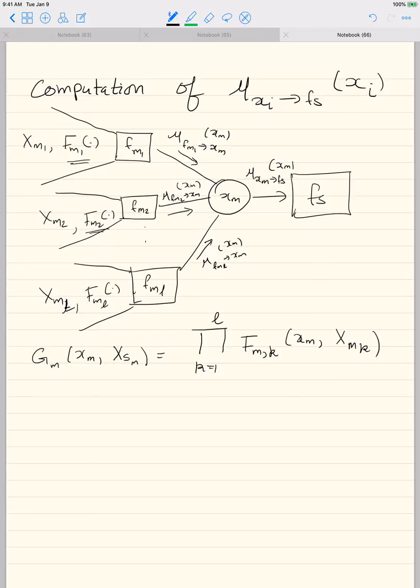So what we have to do to compute mu of xm to fs of xm, we have to sum gm of xm and xsm over all the downstream variables xsm.